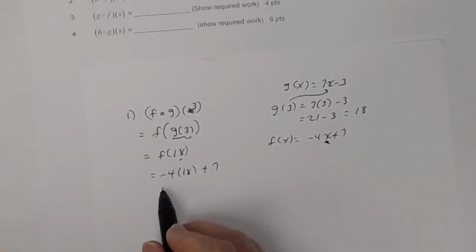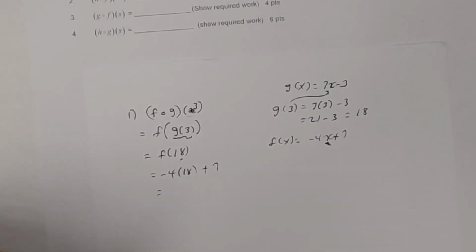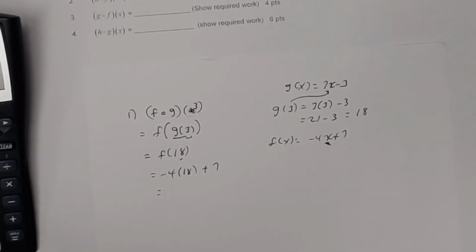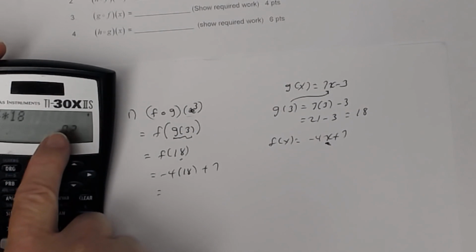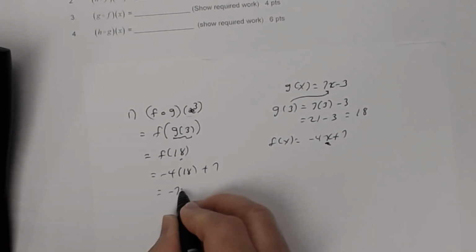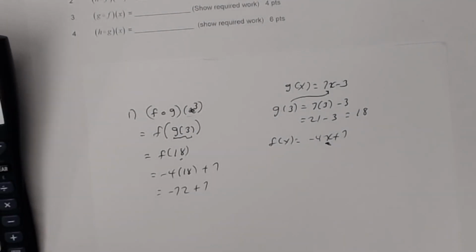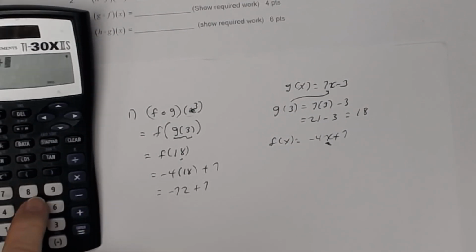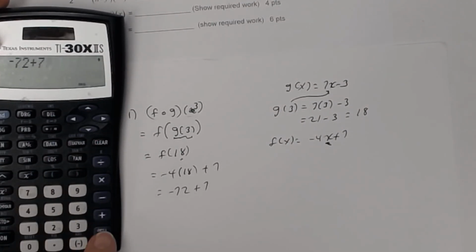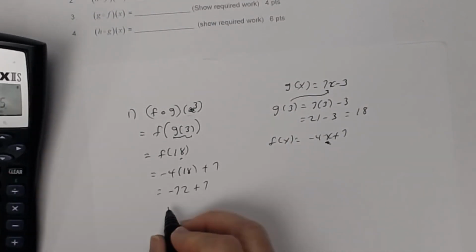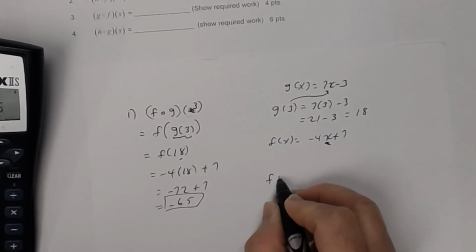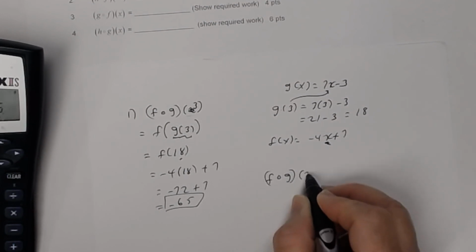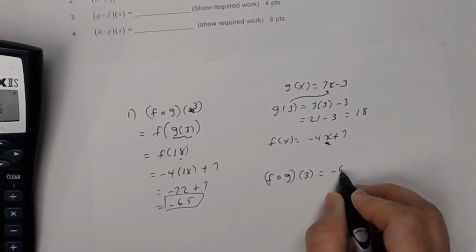Using the order of operations, negative 4 times 18, use your calculator if you have to, is going to be negative 72. And then negative 72 plus 7 is going to be negative 65. So the answer is negative 65. So f composed with g at 3 is negative 65.